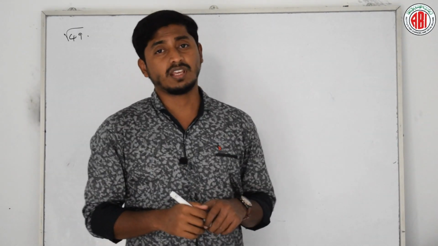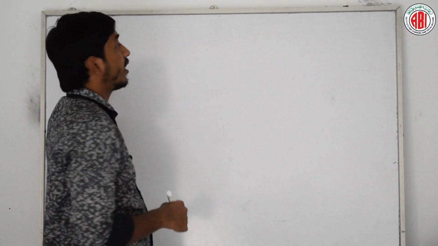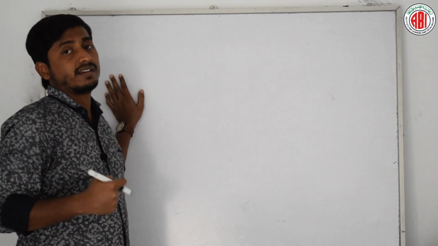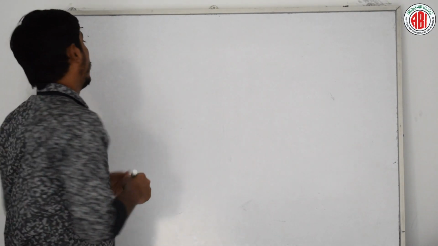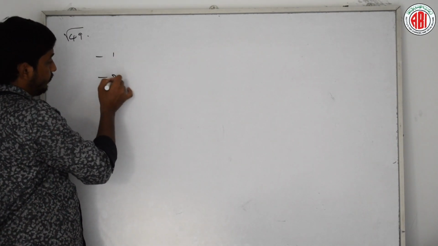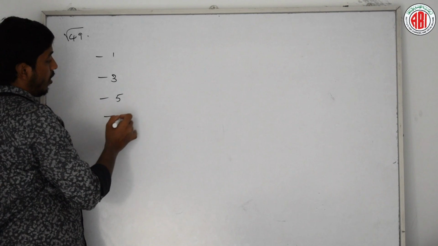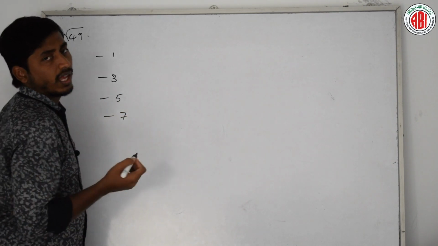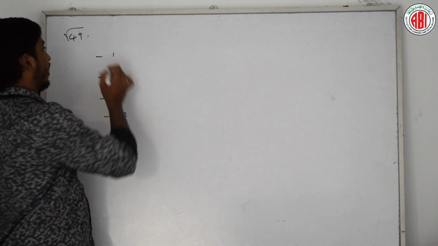Fine. Now see here, the problem we will do is 49. We will use that repeated subtraction method. How do we do it? We will go on subtracting all odd numbers. Okay. I don't know till which number we will get.